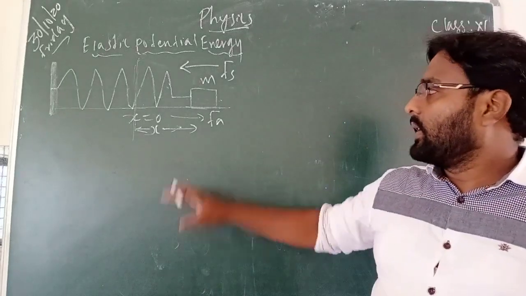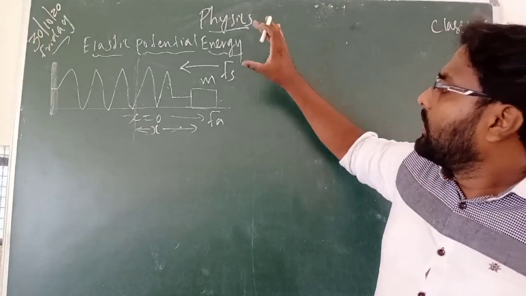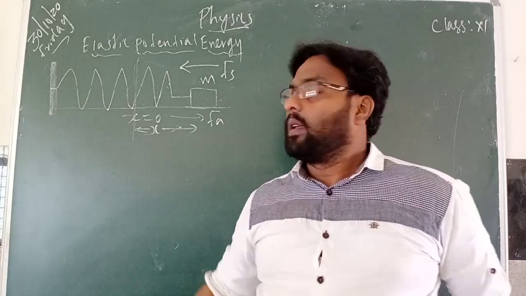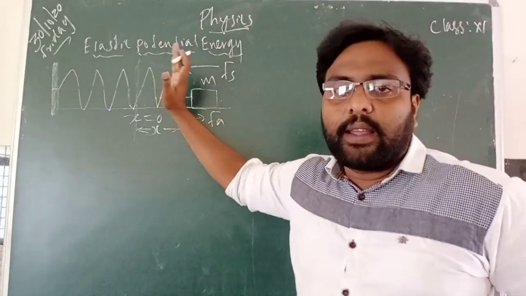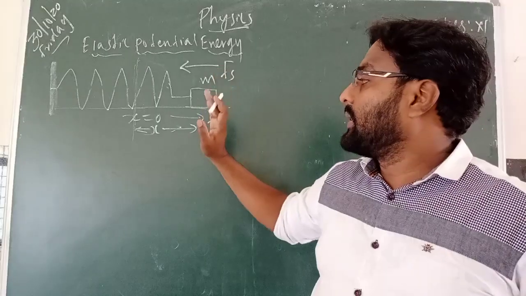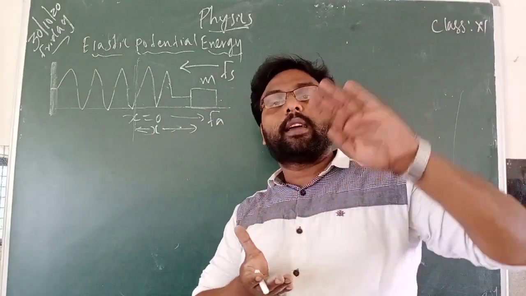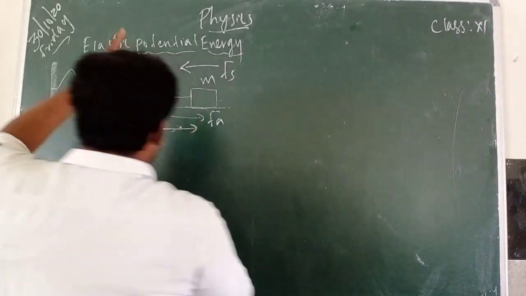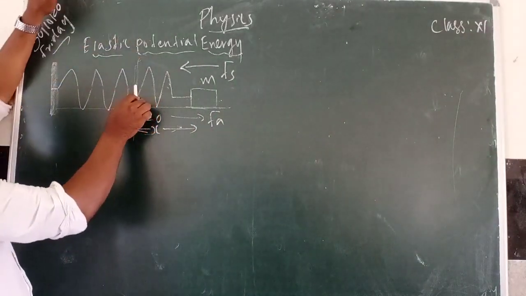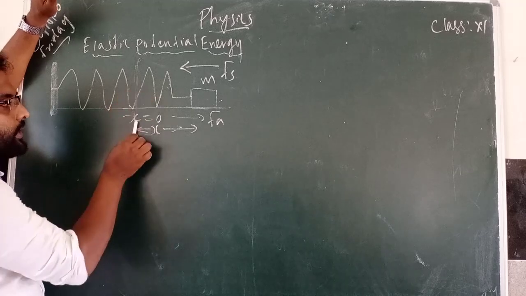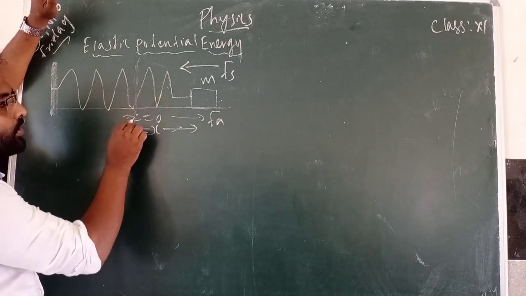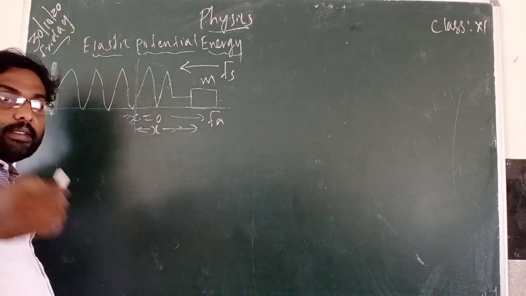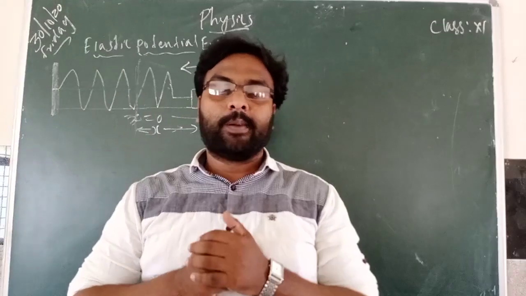Now assume that the spring is in its equilibrium position. As long as the spring is in its equilibrium position, x equal to 0, the potential energy is 0.